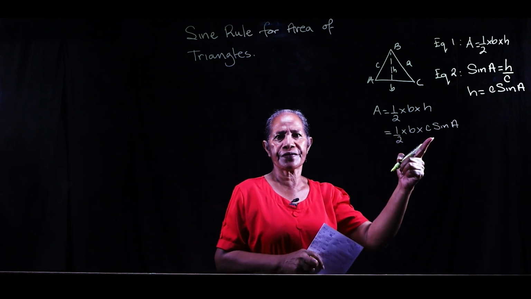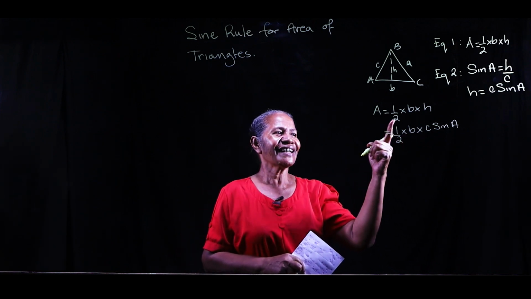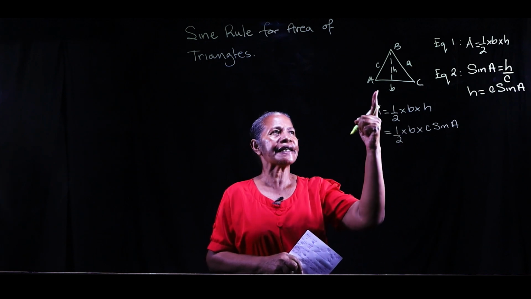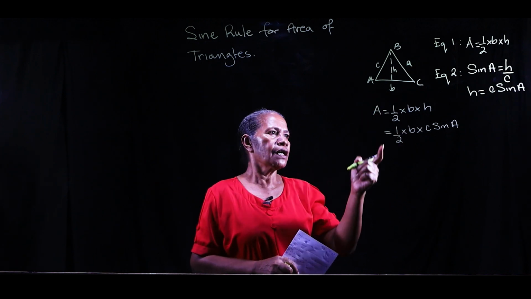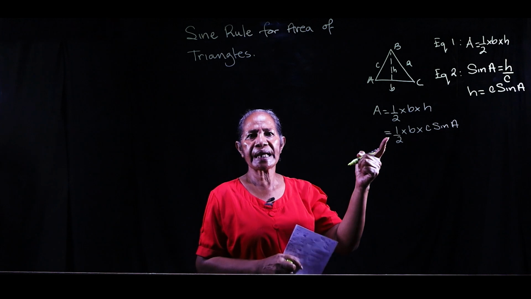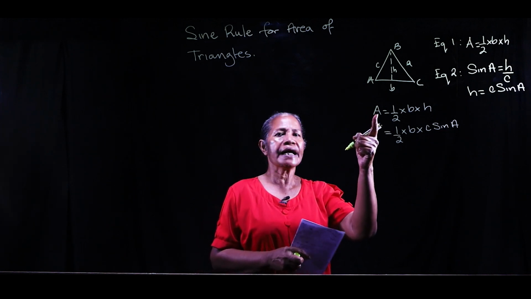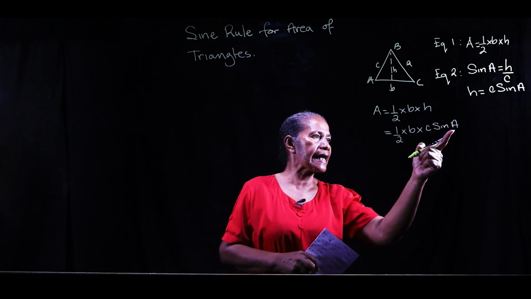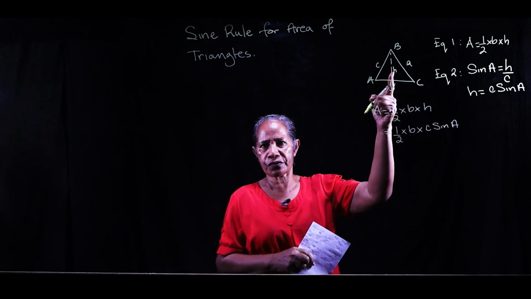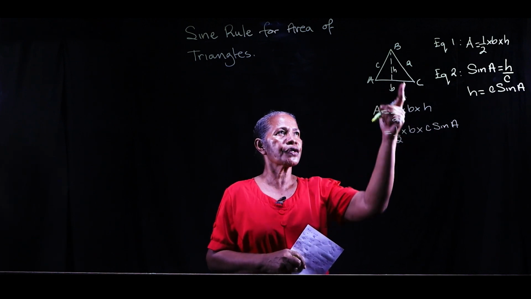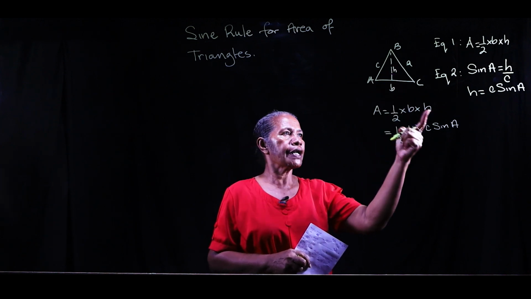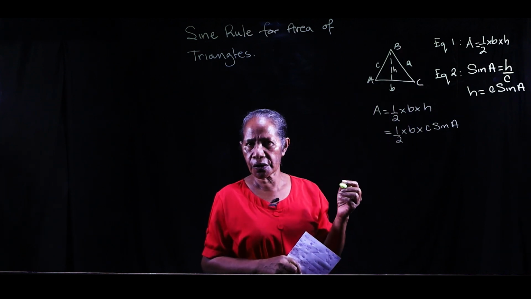Now we have the area formula for finding the area of this triangle. Similarly, we can have the others. This A here is in reference to the triangle. Similarly, we are going to write the same formula for the other two angles.